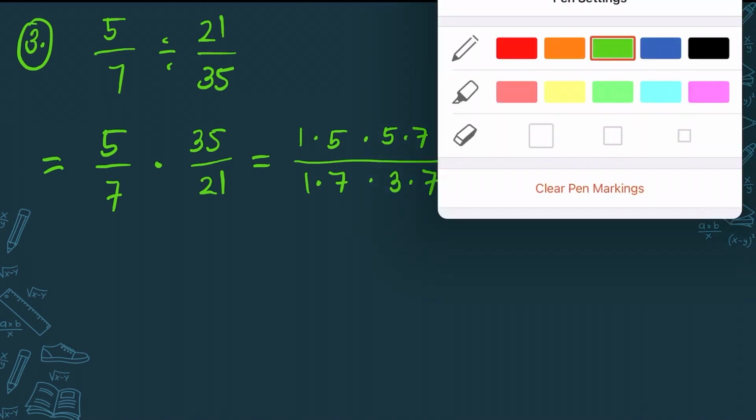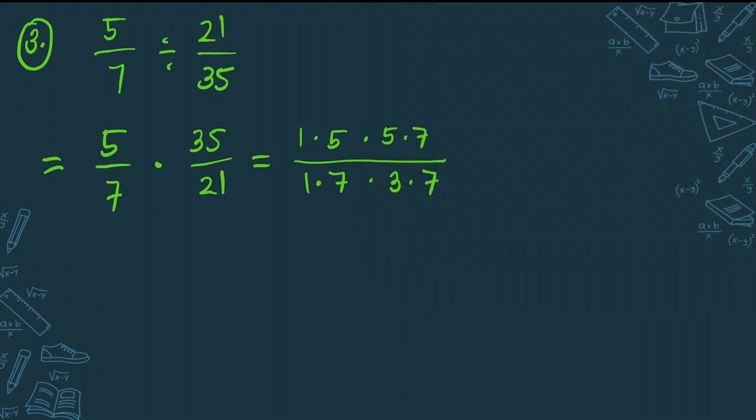When we're doing divide out, we're just dividing common factors. So 7 divided by 7 is just 1, and I think there's none anymore. So our final answer will be 1 times 5 times 5 is 25, over 1 times 7 times 3 is 21. So our final answer is 25/21.